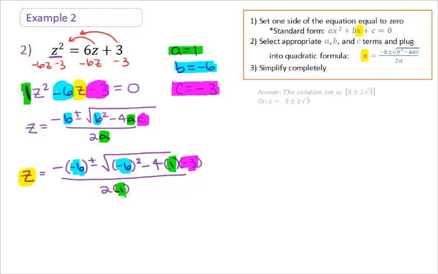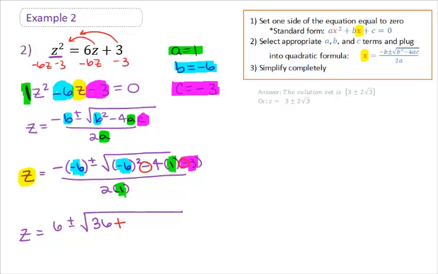Now that I have everything plugged in appropriately, now I just need to simplify. So I have z is equal to negative times negative 6 gives me a positive 6 plus or minus square root. Negative 6 squared gives you a positive 36. And on the right, you have a negative 4 times a negative 3. So negative times negative will give you a positive.